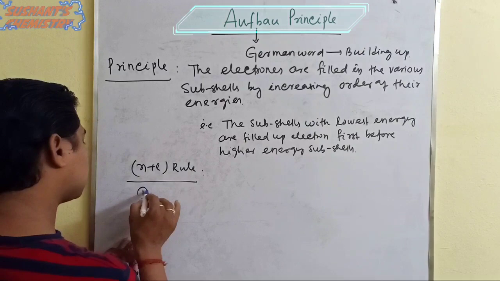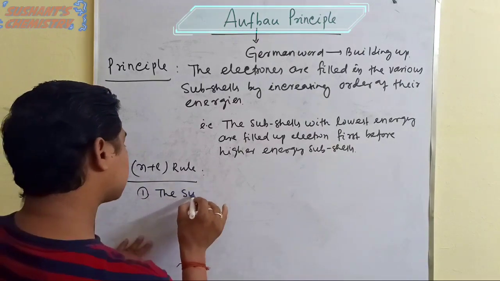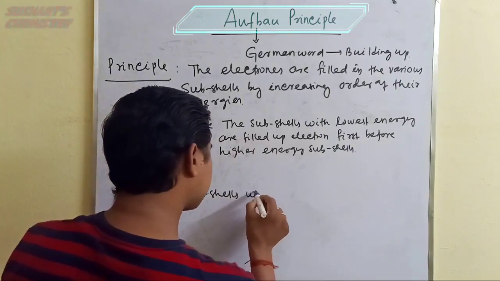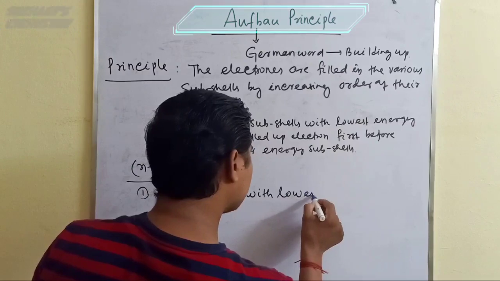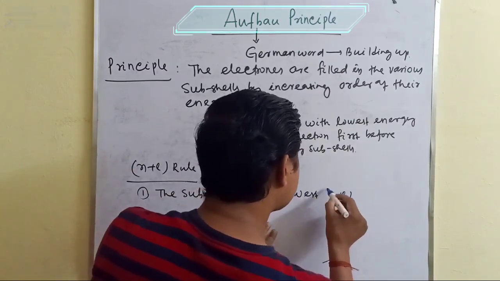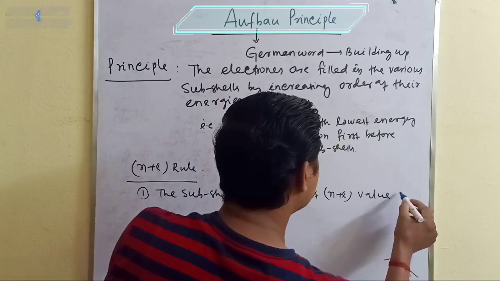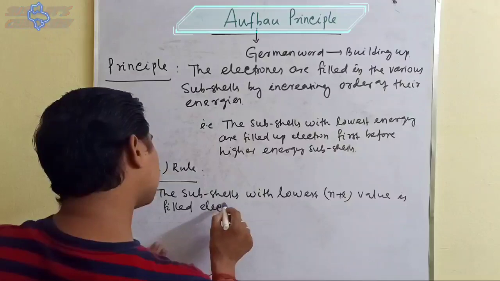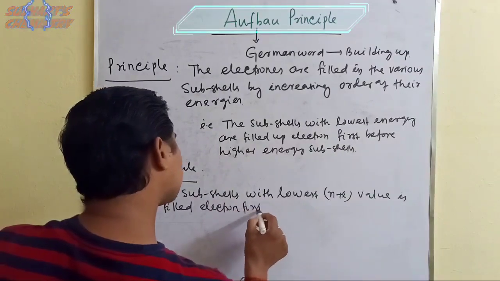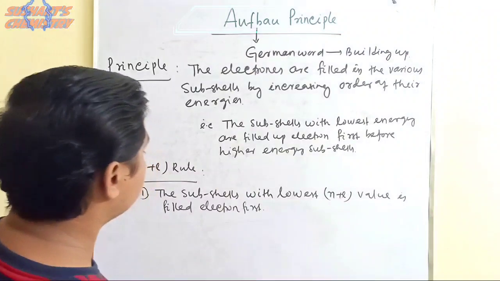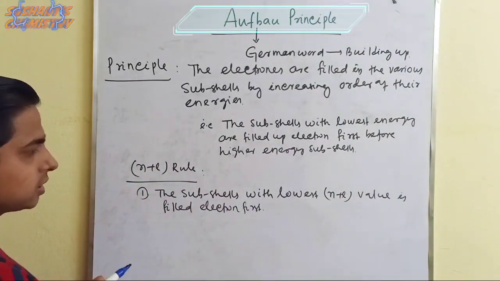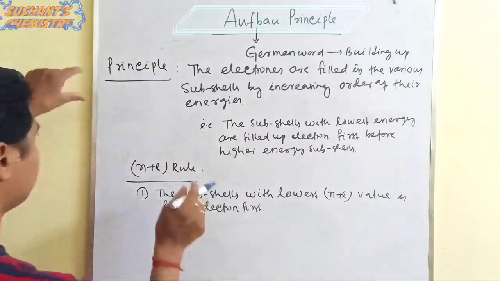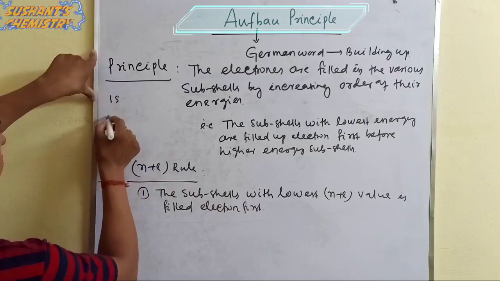According to this rule, the subshell with lowest n plus l value is filled with electrons first. That means between two or more subshells, the one with lowest n plus l value, that is lowest energy, is filled first.